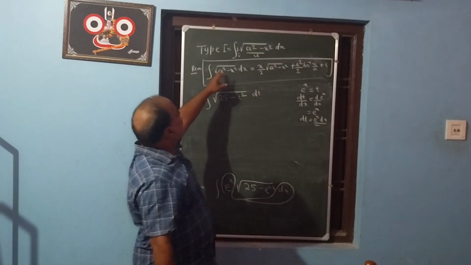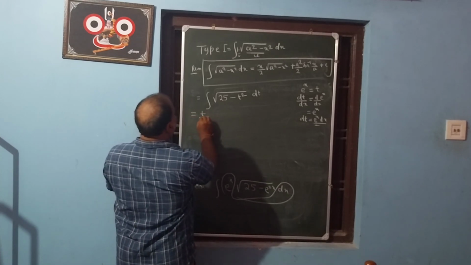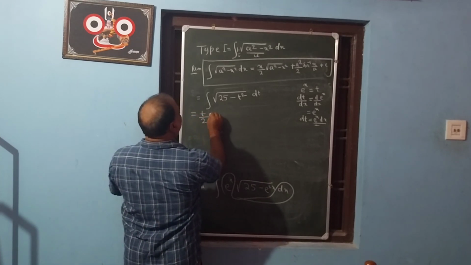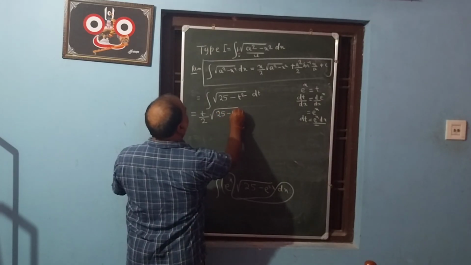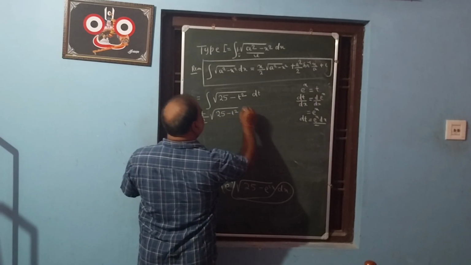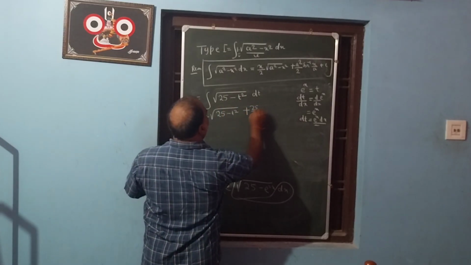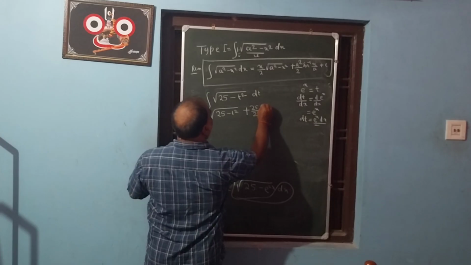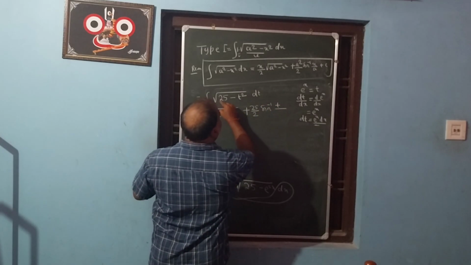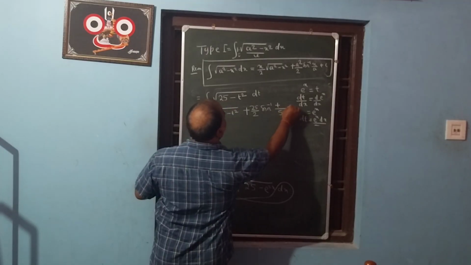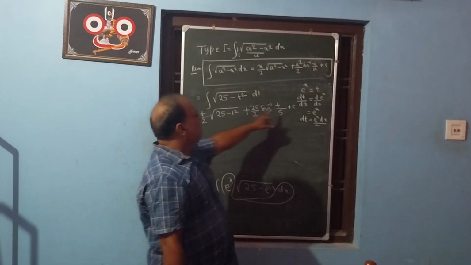Now applying this formula, that is t by 2 root over 25 minus t square plus a square by 2, a square means 25 by 2 sin inverse t by 5 plus c, because a square is equal to 25, a will be 5.